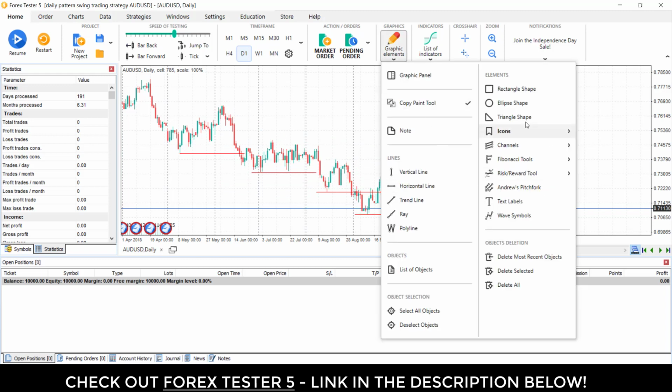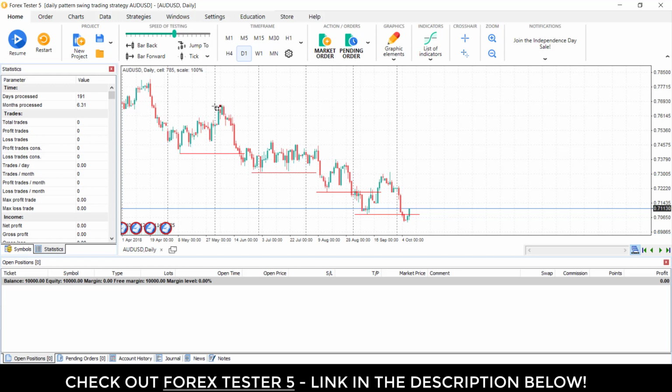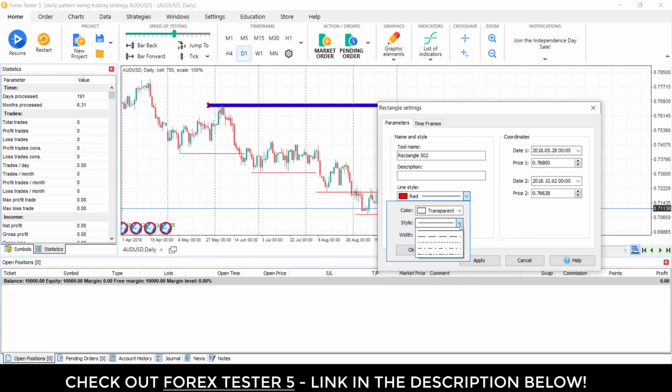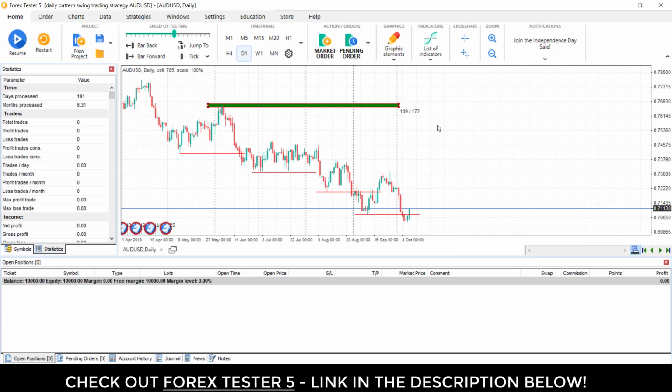So let's just grab our rectangle shape. It means that this one here is our major. And it means that the most recent one here is our minor.